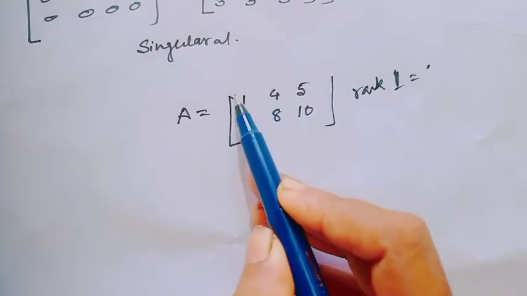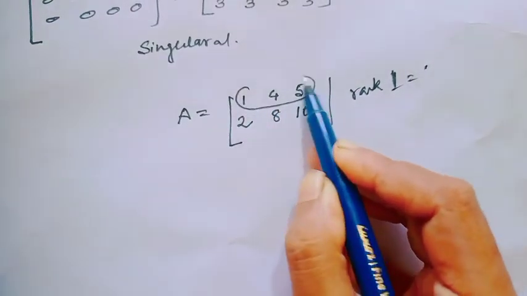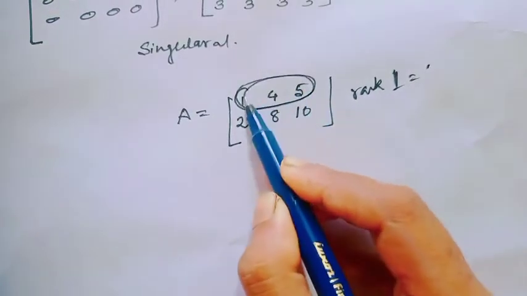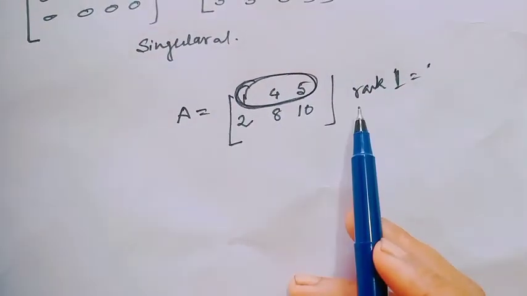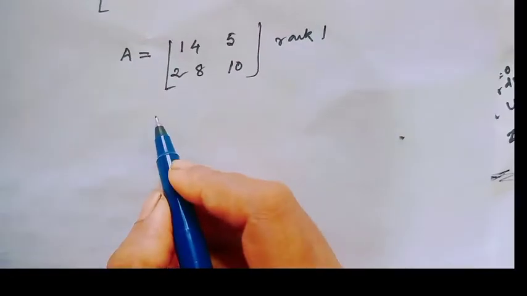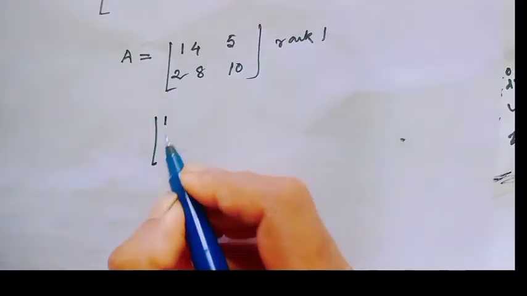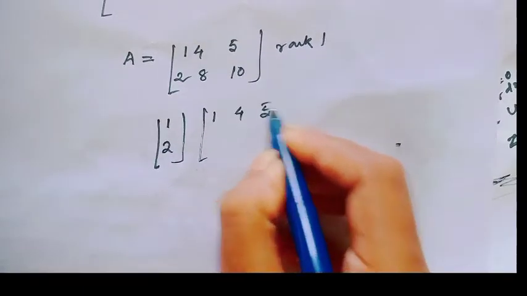And here notice the linearly independent vector in the row space is 1, 4, 5. And notice here one thing, you can write this as 1, 2 times 1, 4, 5.